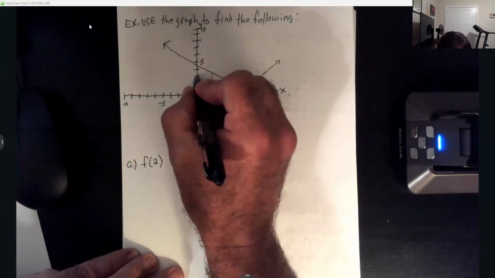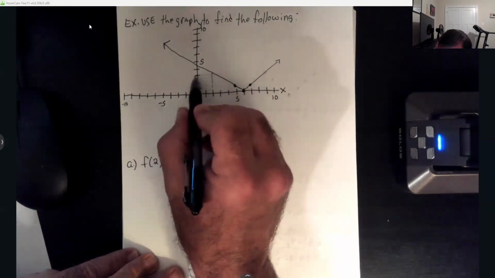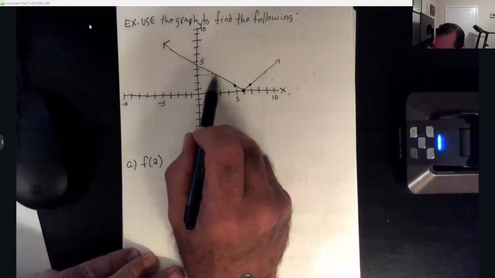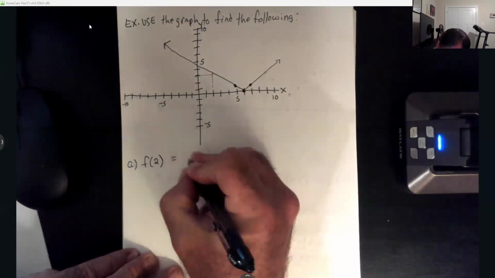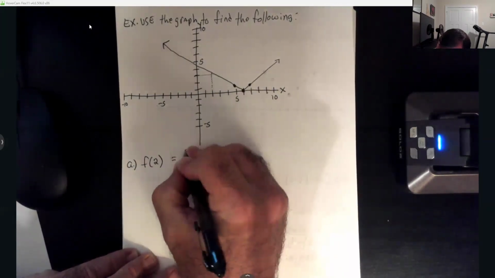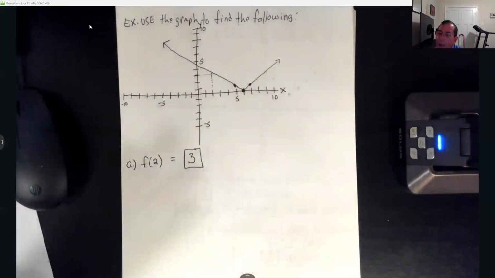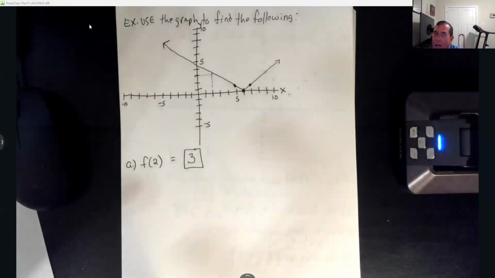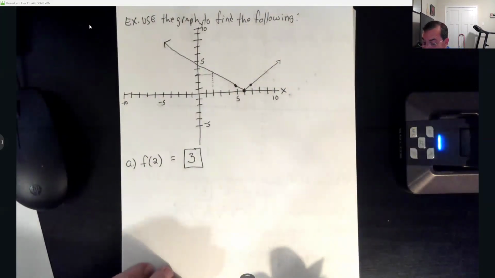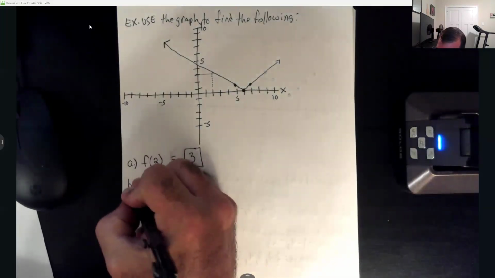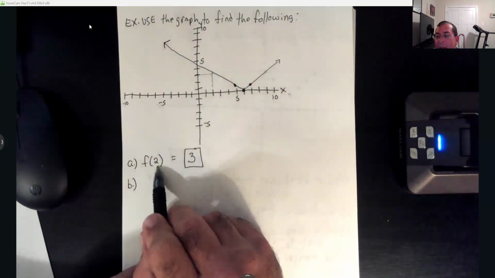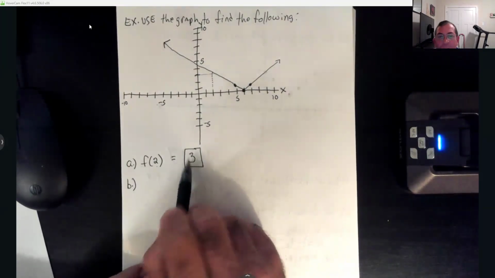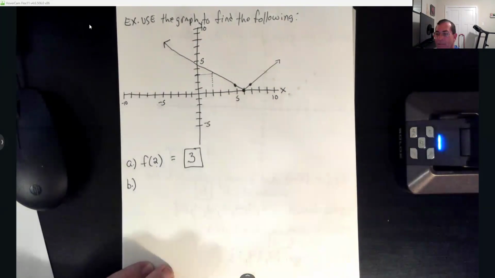So my lines are a little off. But I'm going to say that had a y value of 3. MATLAB's graphs will be a little more readable than mine, okay? So remember, they gave me the x value. I found the y value that corresponded to that x value, okay?